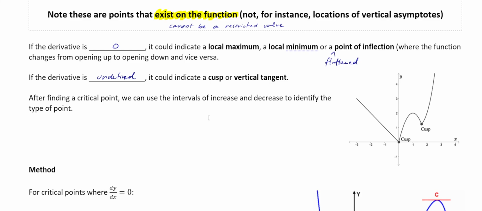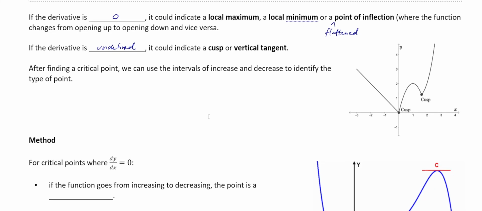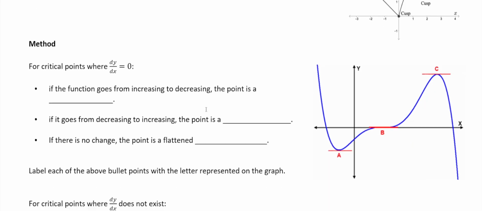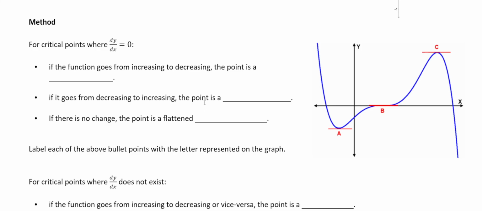After finding a critical point, we can use the intervals of increase and decrease to identify the type of the point. Okay, so let's take a look at this right here. If the function goes from increasing to decreasing, you can see this point right here where the first derivative is equal to 0, that point is going to be a maximum.